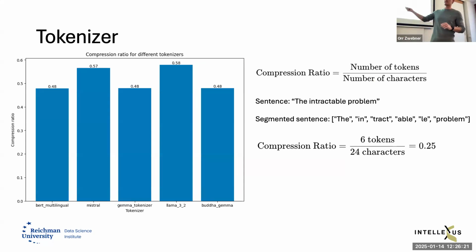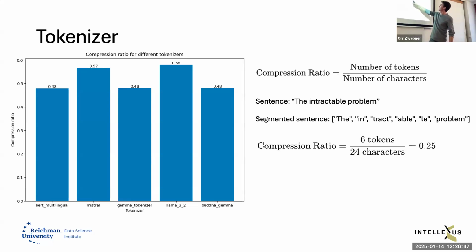If you remember the graphs that I showed before of the compression ratio for non-LLMs, just remember how we calculated the compression ratio. I will review it again because I'm going to show some tests of how I computed the compression ratio after adapting the tokenizers. It's the number of tokens in the numerator and the number of characters in the denominator.